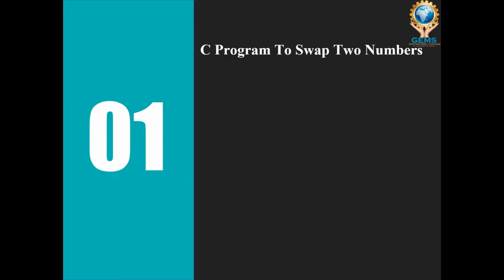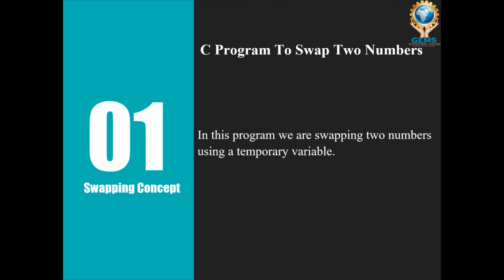Now, C program to swap two numbers. So the first, here we are going to see, we are going to swap two numbers using a temporary variable. Please make a note here, my dear students. We are going to swap two numbers using temporary variable.